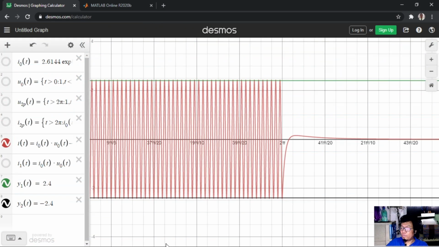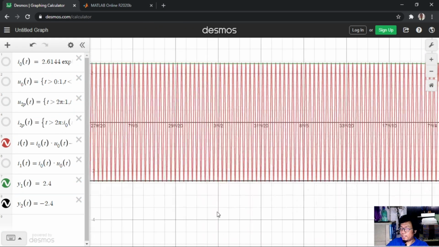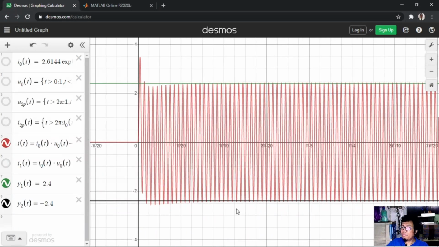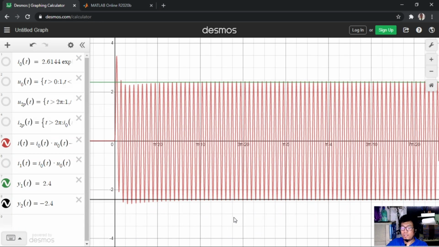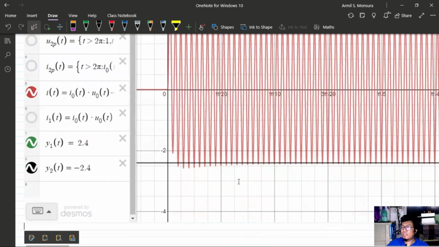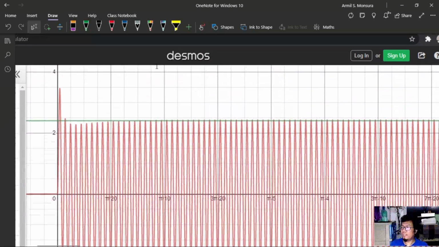Okay. With an explanation that your graph looks like this for t between 0 and 2 pi.